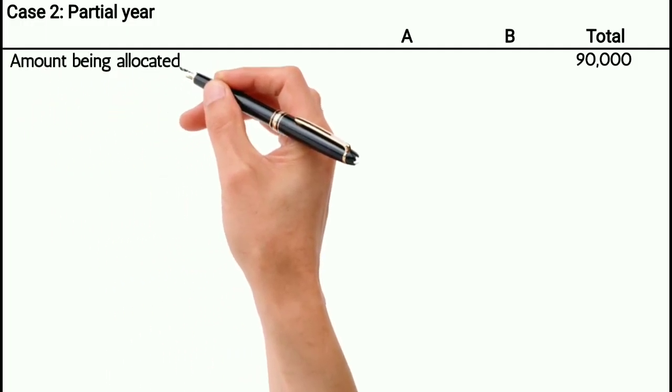Unlike dun sa case 1, na yung 90,000 pesos na profit before salaries, bonus, and interest on capital is for the entire year ng 20x1. The amount being allocated is 90,000 pesos.